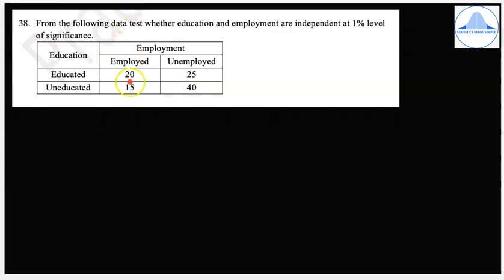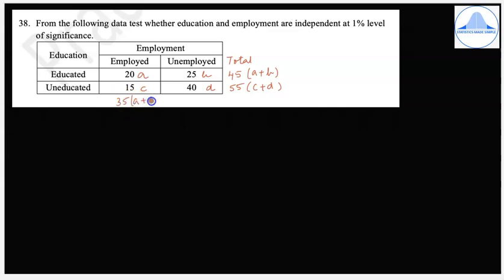So now first let us mark the cell frequencies as A, B, C and D. Then here I will find out the total. So 20 plus 25 is 45. This is nothing but A plus B. Then 15 plus 40 is 55, which is C plus D. Then add A and C, that is 35.